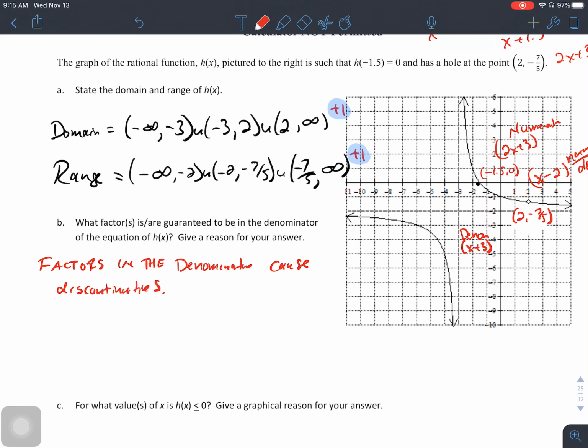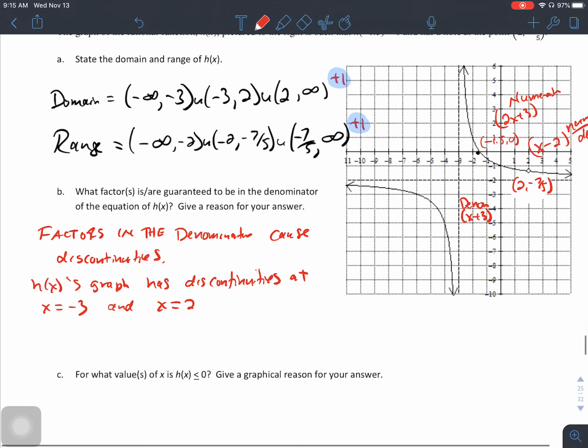This graph of h of x's graph has discontinuities at x equals -3 and x equals 2. Now we're to the therefore.